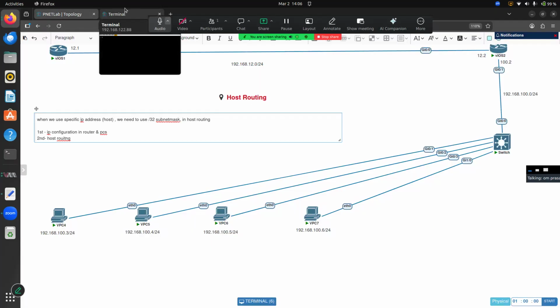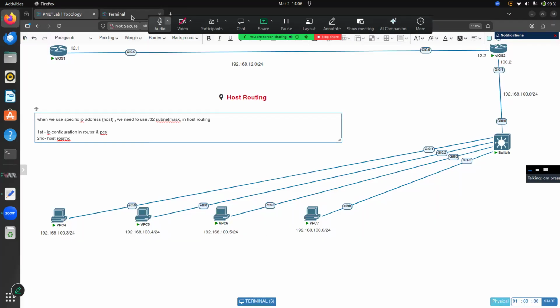Come to PC 7. 192.168.100.5, I think. Subnet mask 255.255.255.0, then the default gateway. It shows the address is being used, the MAC address not changed. Already 5.